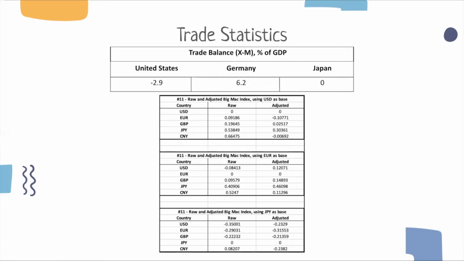So if you look at the euro, you could see that that's overvalued for all of them. And then for Japan, it's undervalued for all of them. So there's a little bit of a spectrum there between the countries, which was really cool to look at.